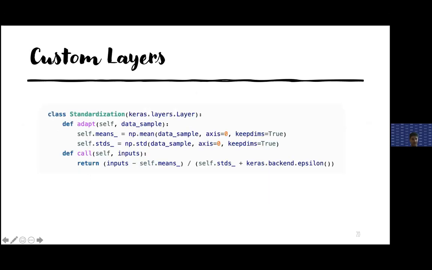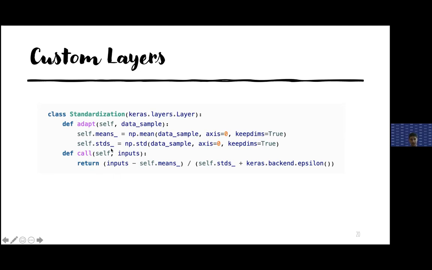But TensorFlow has, and I want to go back and reference Matt's talk for a little bit, where he greatly explained the inheritance of the class structure. You don't have to define your own Lambda layer, because in Keras you can create a layer class that inherits from the parent keras.layers.Layer class. These layers only have to implement two functions, adapt and call.